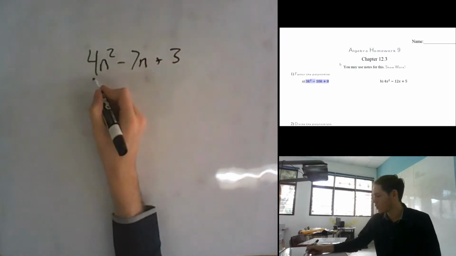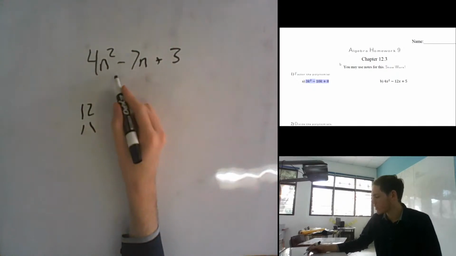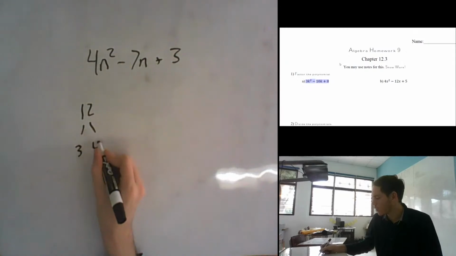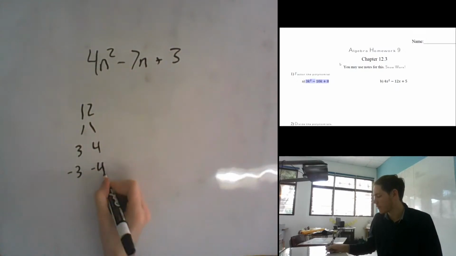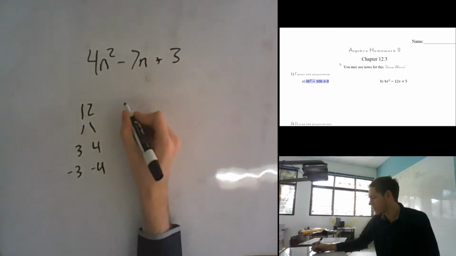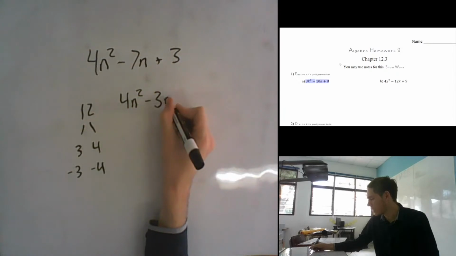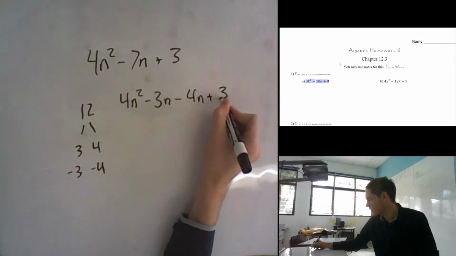So I look at 4 and 3, that gives us 12. What factors of 12 give us negative 7? Well, 3 and 4 would give us positive 7. So negative 3 times negative 4 would give us negative 7. Then we just break up the middle into those two numbers. So 4n squared minus 3n minus 4n plus 3.